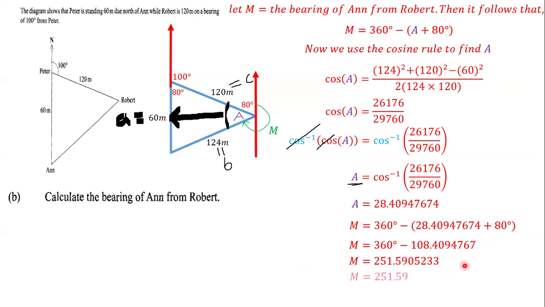Now we write it correct to 2 decimal places. Since the next digit, 0, is less than 5, we eliminate those numbers and the 5 stays. So we have 251.59. That's the bearing of Anne from Robert, 251.59, and that's the answer to this question.